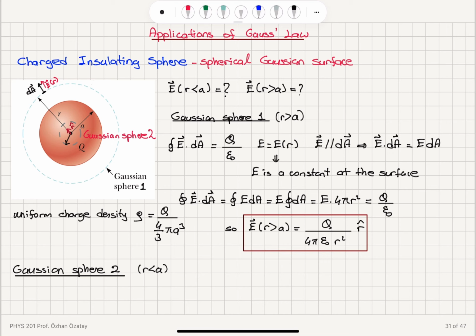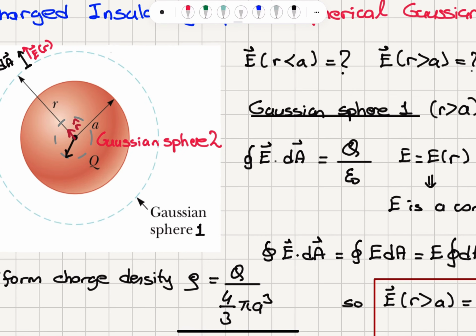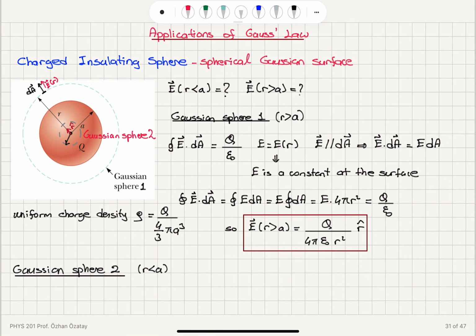Now, if I consider the second case, r less than a, that's Gaussian sphere 2 here, the charge enclosed by this sphere would be less than Q, and I have to use the charge density to figure out how much charge is enclosed by this sphere. So the charge enclosed is the charge inside Gaussian sphere 2.